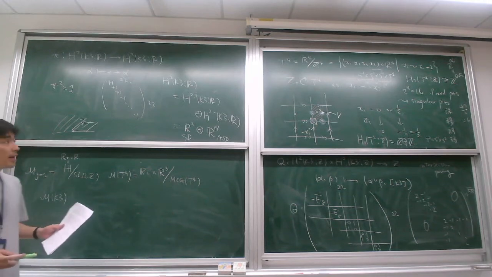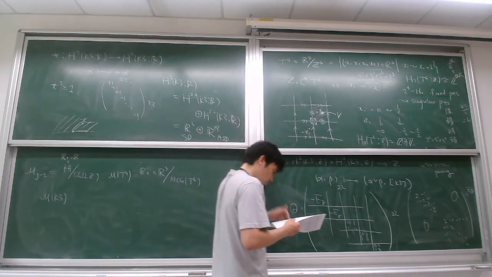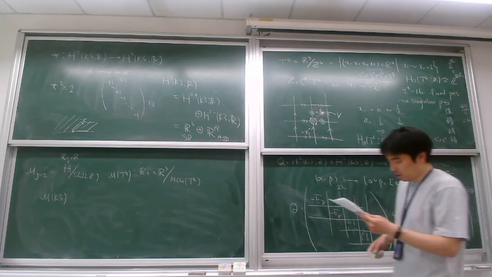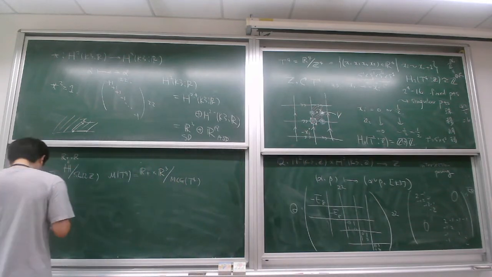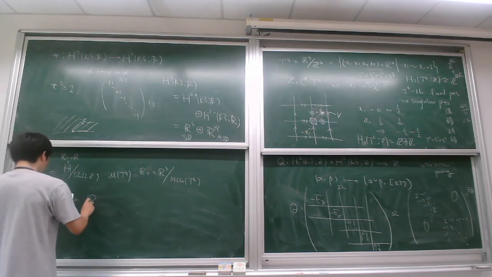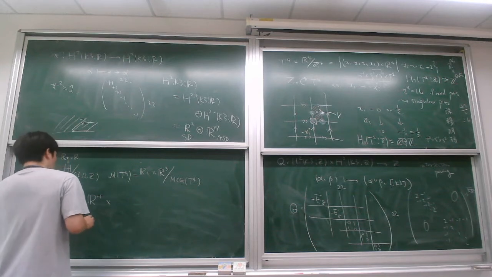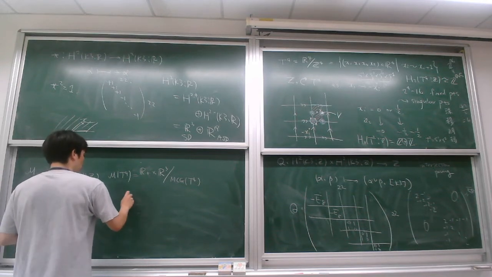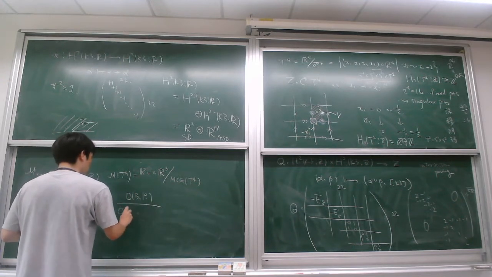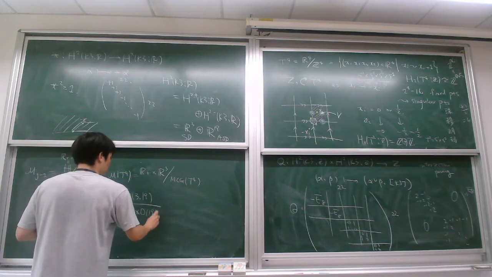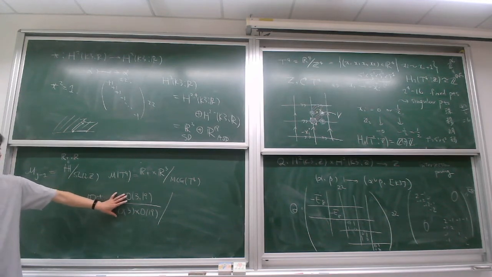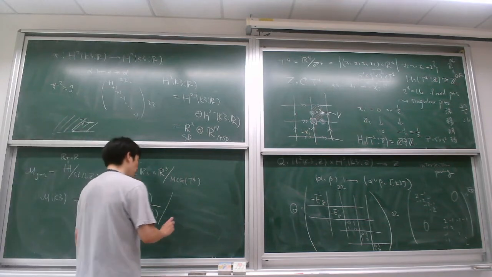This one is indeed related to the second homology group, and this is indeed equal to O(3,19) times O(19)... So this is more like corresponding to this part, and then you have a mapping class group action.